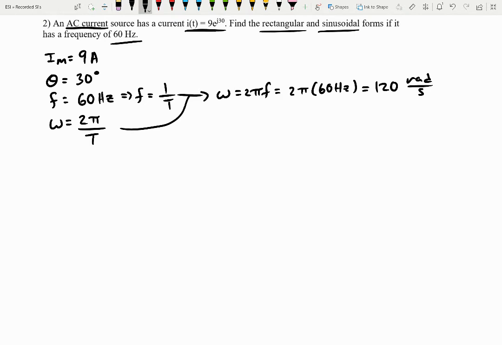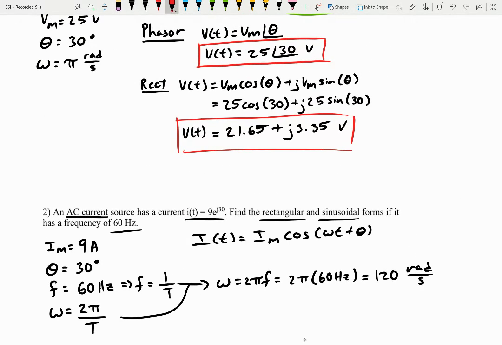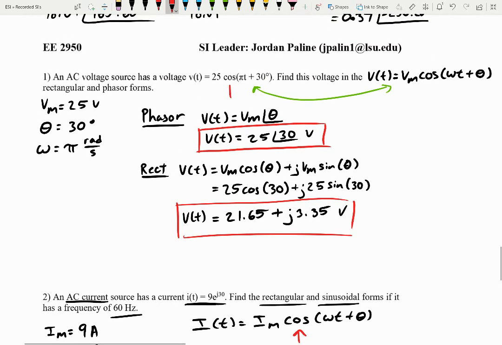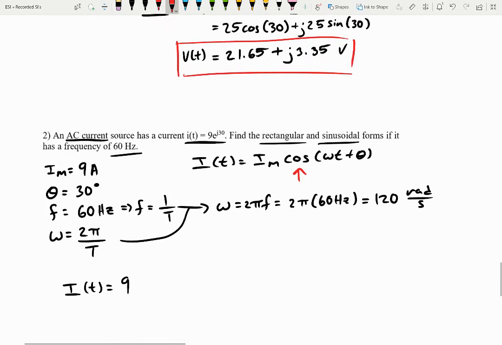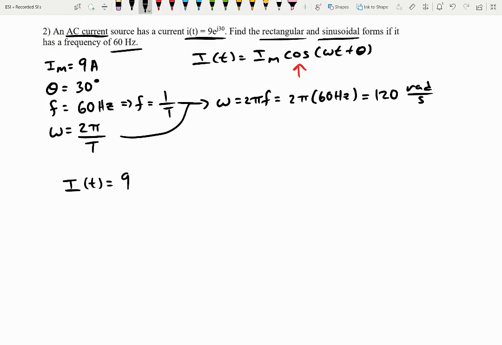Let's go ahead and write the sinusoidal form first. I of t is equal to I of m cosine(omega t plus theta). And notice something I forgot to point out: cosine here, cosine there. They need to be in cosine because we want to work with the real part of things.